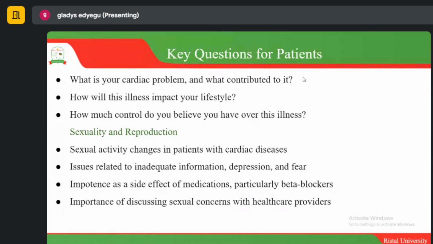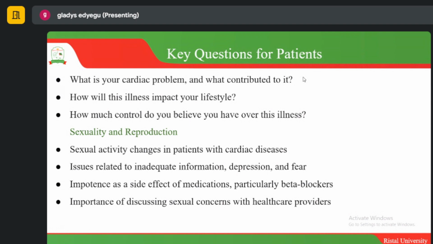Then, how will this illness impact your life? Then they will also tell you, after you have taught them, after they have learned and understood all that is going on around such conditions. Then, how much control do you believe you have over this illness? They will be able to express and tell you openly. Then sexuality and reproduction.